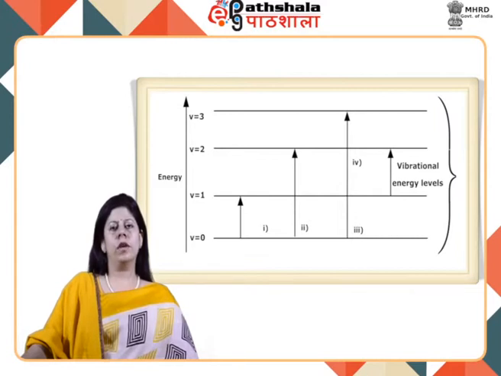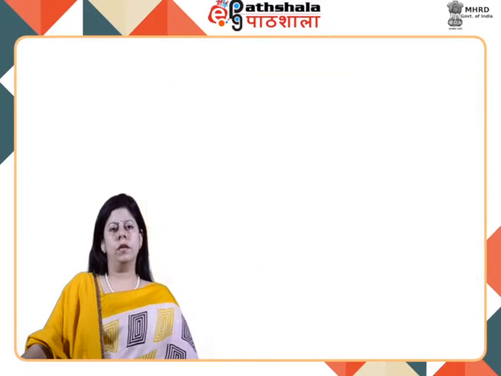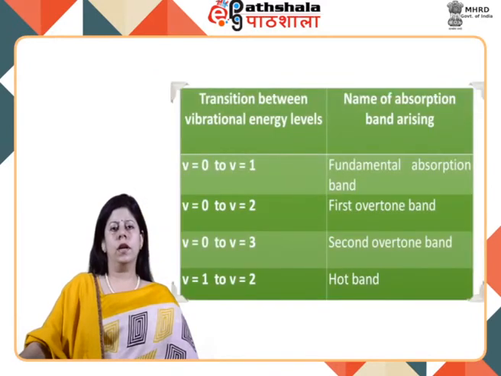The origin of various absorption bands has been represented in the diagram. You can see from this diagram that transition 1 shows the transition from V equals 0 to V equals 1, and the name of this absorption band is the fundamental absorption band. Transition 2, which is from V equals 0 to V equals 2, is the first overtone band.